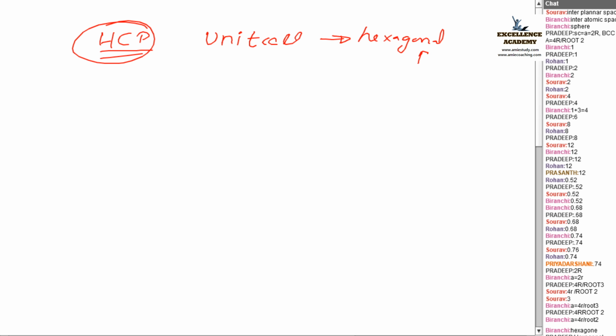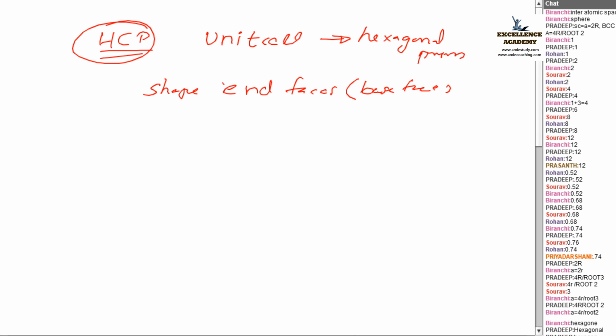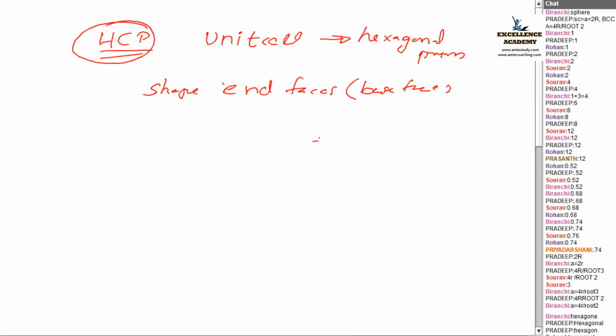What is the shape of the end faces, that means base faces? Hexagon. Hexagonal base faces are there.